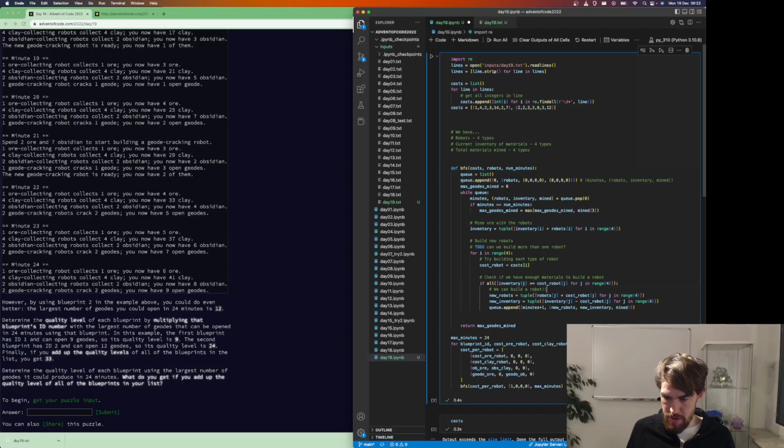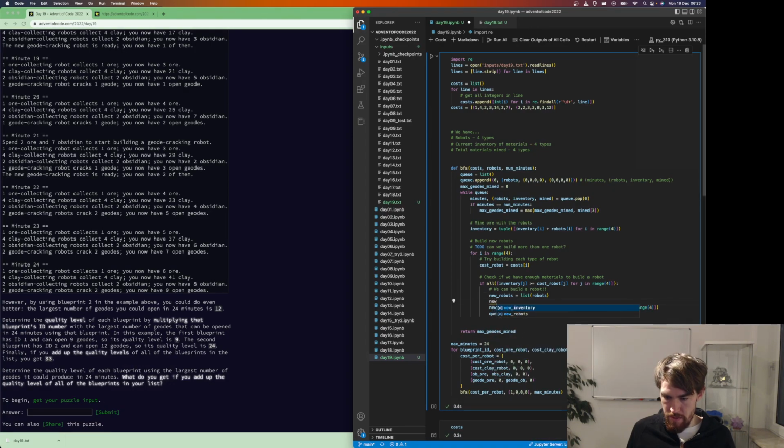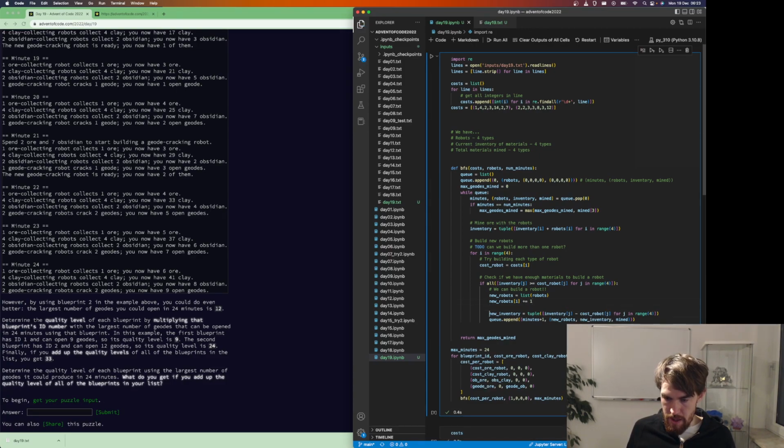If we can build robots, then my new robots is robots J. My new robots I plus is 1. My new inventory is a nice new copy of the inventory minus the cost for the robots.